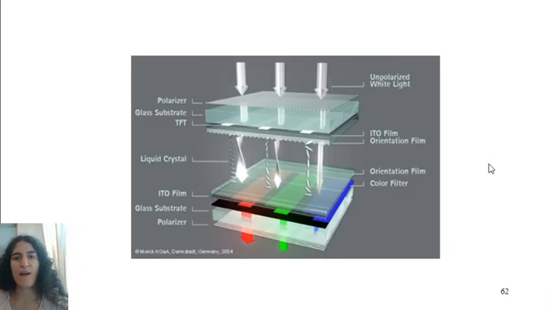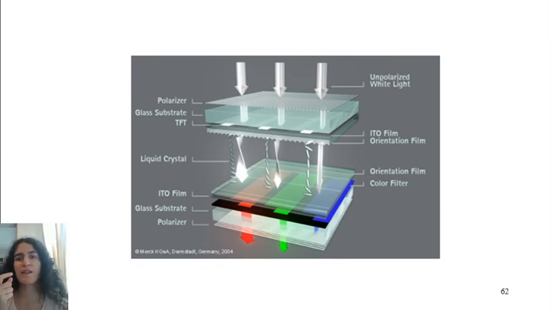Here's another important application. So this is how a laser printer works. No, this isn't a printer. This is an LCD screen. LCD stands for liquid crystal display. A liquid crystal is an amorphous solid that has a bunch of molecules that can rotate and move relative to each other, but these molecules are all cylindrically shaped.